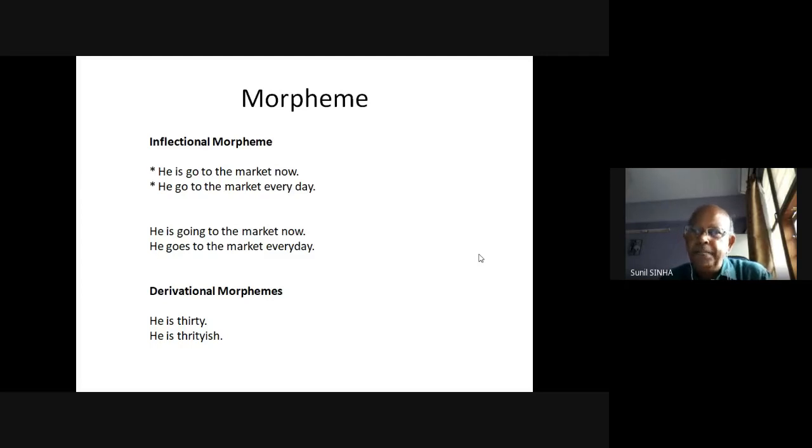Okay. Now, as I said, bound morpheme can be further subdivided into inflectional morpheme and derivational morpheme. Now, what are these? Look at this sentence: "He is go to the market now." Mark the star on the left hand side of the sentence. The star in linguistics indicates that something is wrong.